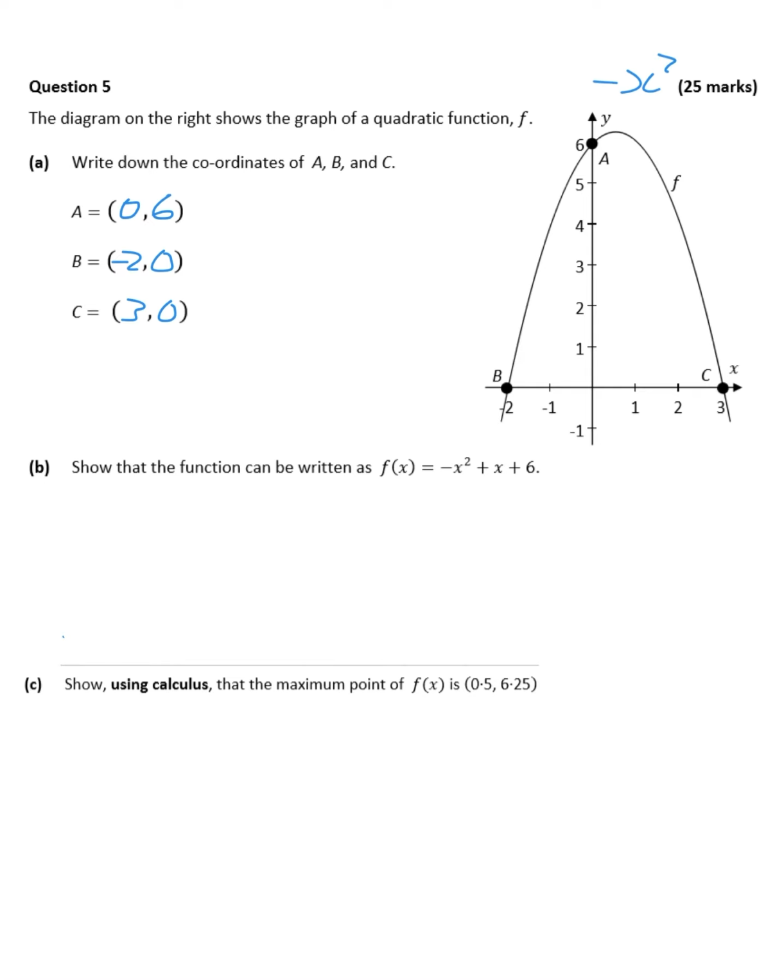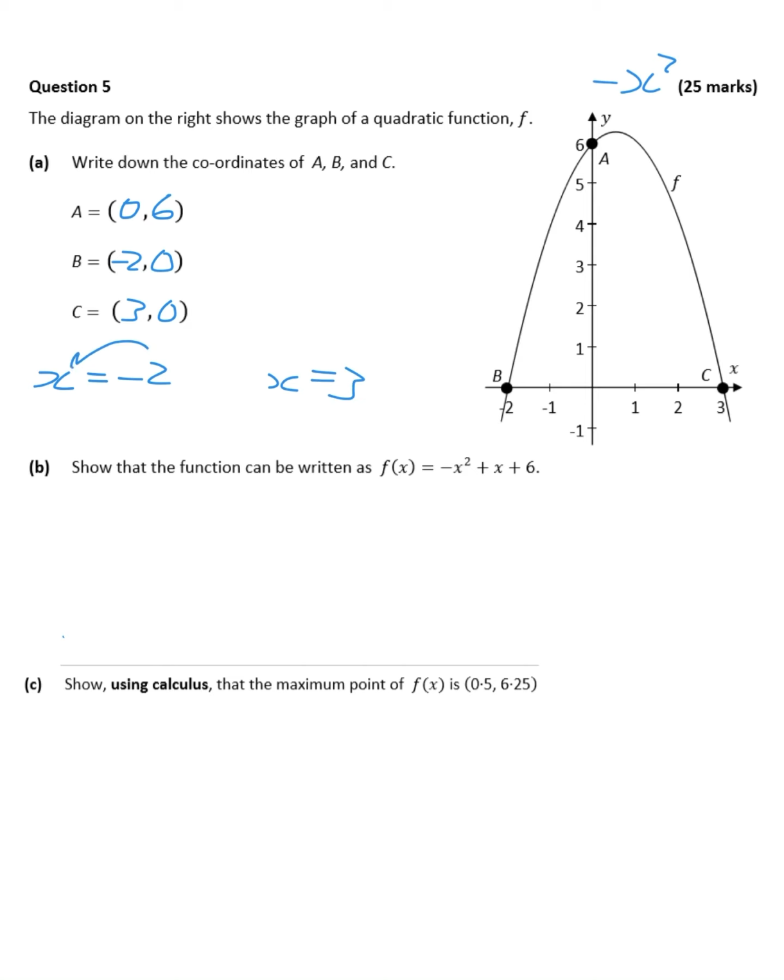Okay, that's part A. Now part B, we need to show that the function can be written as f(x) equals minus x squared plus x plus 6. Now we can see that this graph crosses the x-axis at minus 2 and 3. So that's like saying x equals minus 2 and x equals 3.